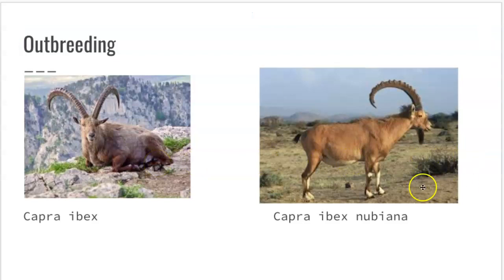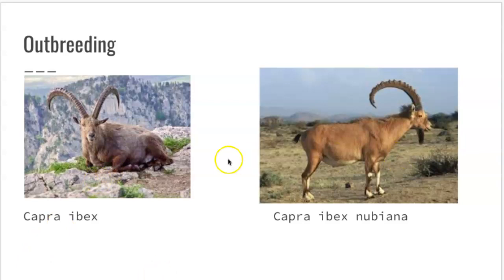And then there was another population of ibex that was doing fairly well in Australia. Okay, so scientists wanted to save this population of ibex because they knew that that population was not doing well. What they decided to do was borrow some individuals from the Australian Conservation Park and bring them over to this population to help increase their numbers and help create genetic diversity in that gene pool.